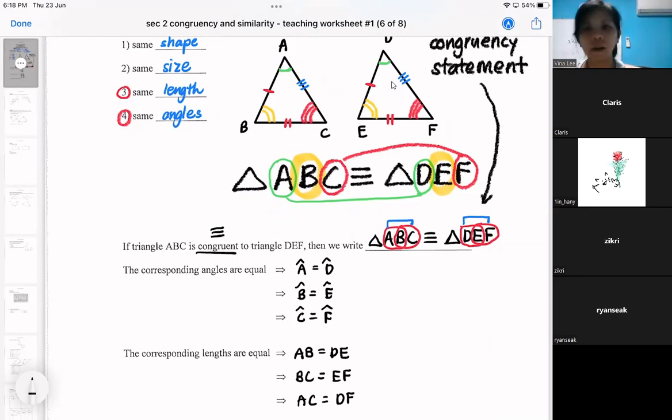I don't rely on the diagram because sometimes the diagram will be rotated. They will give you a rotated diagram to trick you. Your eyes can play tricks on you, but the congruency statement will not play tricks on you. The congruency statement is one of the important statements that tell us how to match the length and how to match the angle, because the concept is they should be exactly identical.